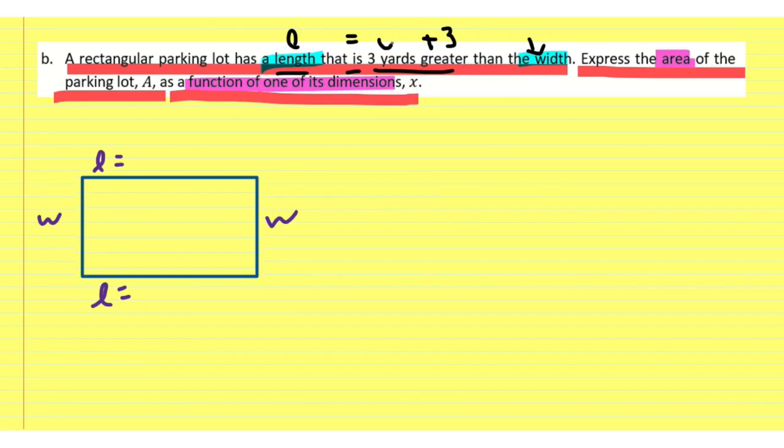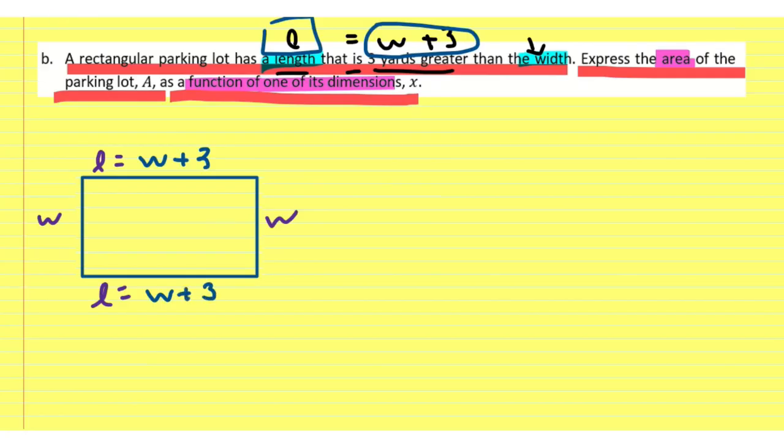So that means I can say the width plus 3 yards. So right there, I have found my expression for the length. So that means down here, I can go ahead and put W plus 3 is the expression for length in terms of width, and W plus 3 on the other side as well.